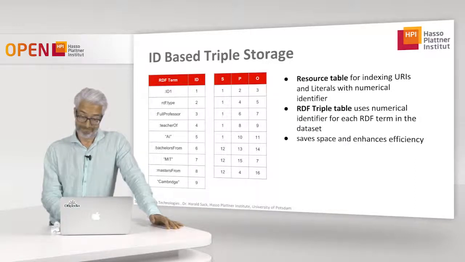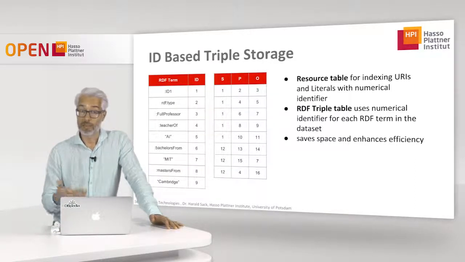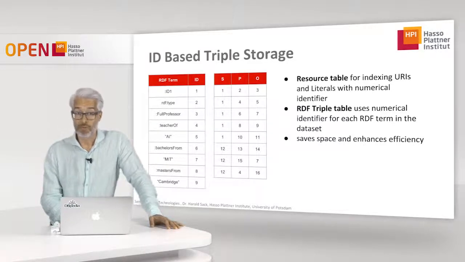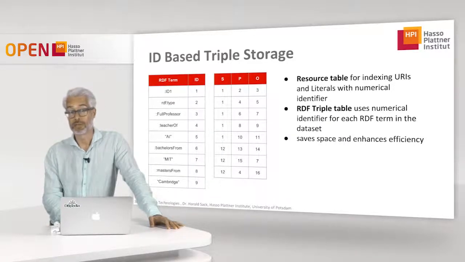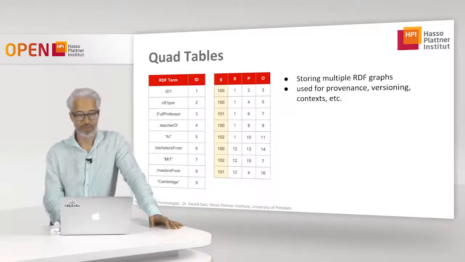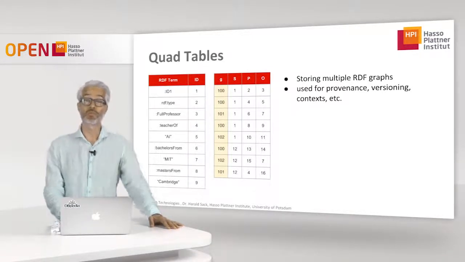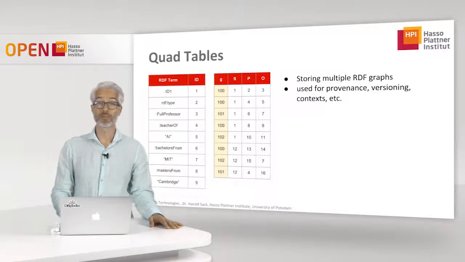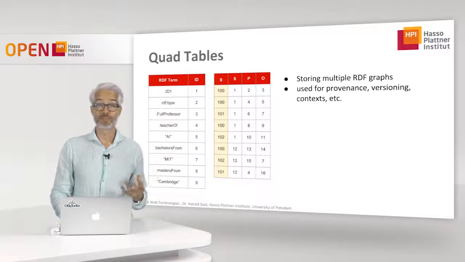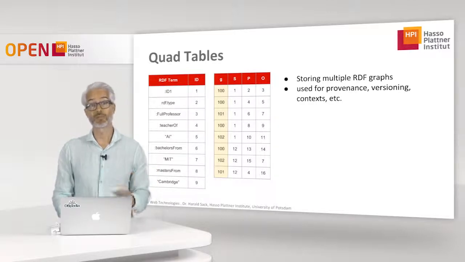Of course, sometimes on a SPARQL endpoint, you should also be able to address multiple graphs. So how do I do that? Of course I could use several RDF tables, but I could also use something called a quad table. So I don't store triples within one table, I store quads where I have one identifier which identifies the graph where the triple comes from.